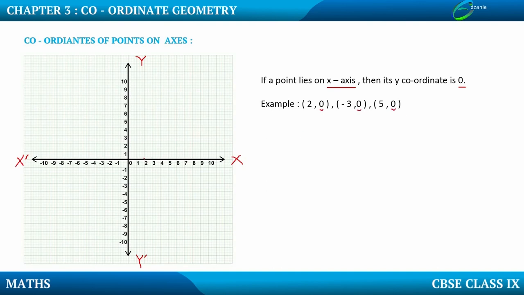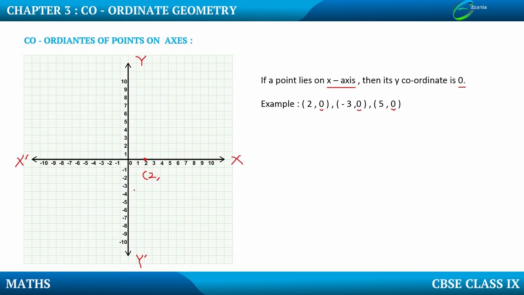If I take a point over here on the axis itself, I can say that I've taken this point on the x-axis. So what is the number associated with x? The number associated with x is 2. But what is the number associated with y? This point itself is on the x-axis, so there is no number associated with y.